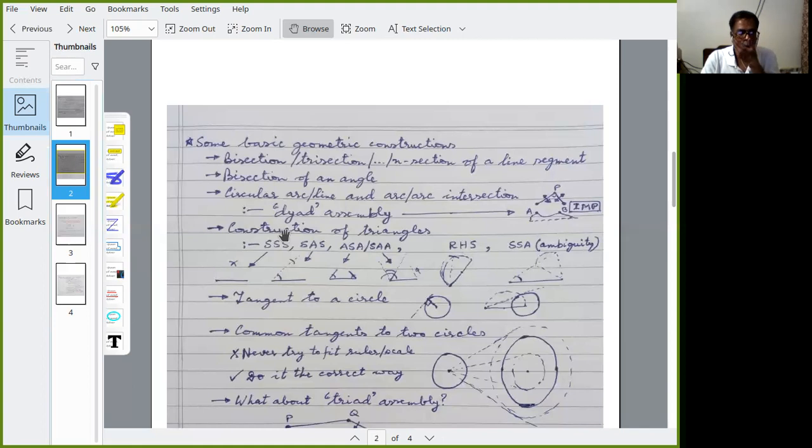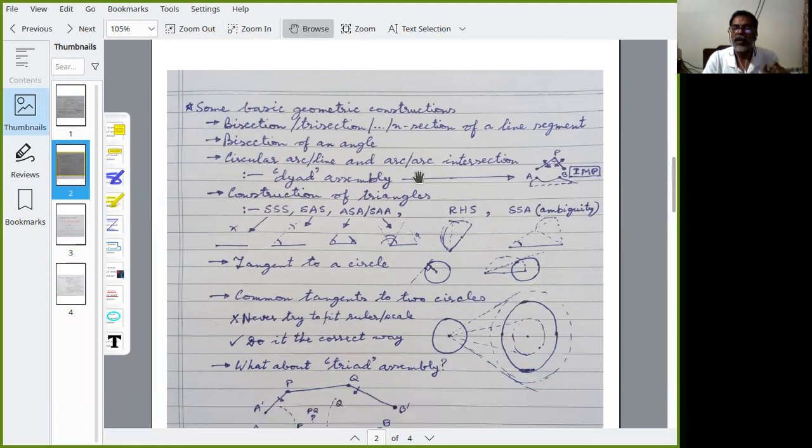Now, graphical methods, as I have told you earlier also, are extremely important, for which you must have constant access near your fingertips, a geometry box. Now, these basic geometrical constructions you must be very clear with.